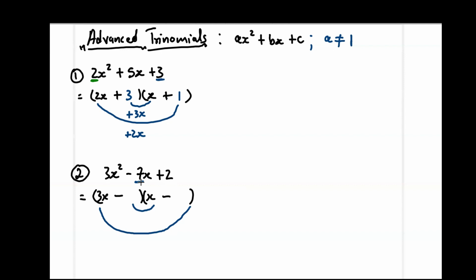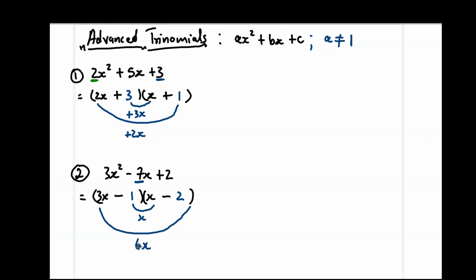So in this case, let's say you wanted to put a 1 there, maybe a 2 there. You will notice that 3 times 1 is a 3x and 2 times x is a 2x. So you're not going to get to 7. So right there and then you know that, oops, that was a bad combination. So 1 must be there, 2 must be there. And you see you've got 6x and an x.